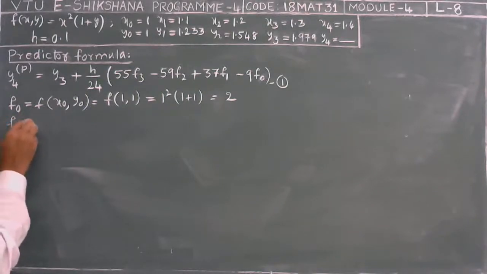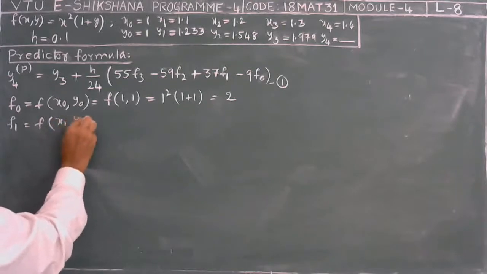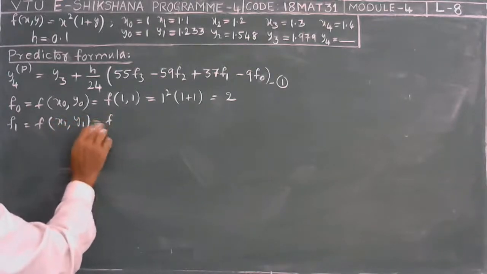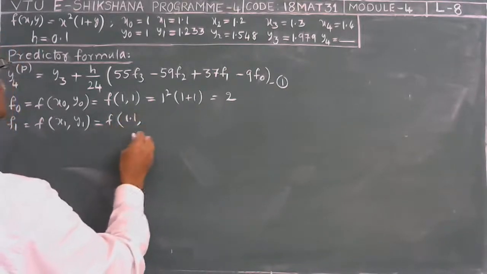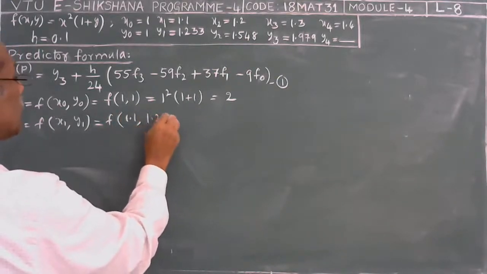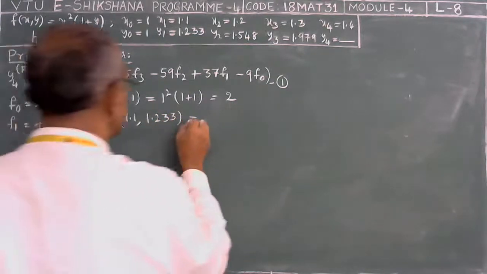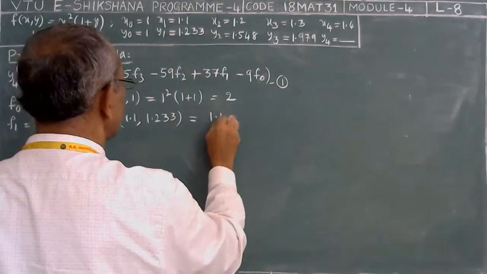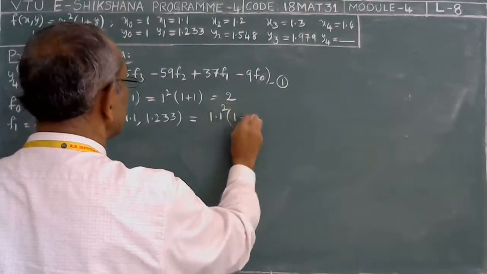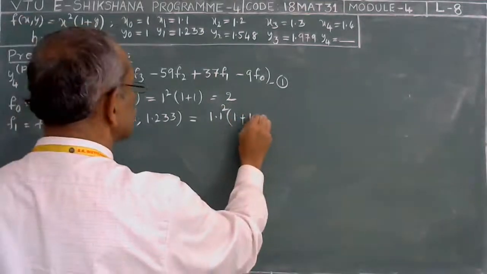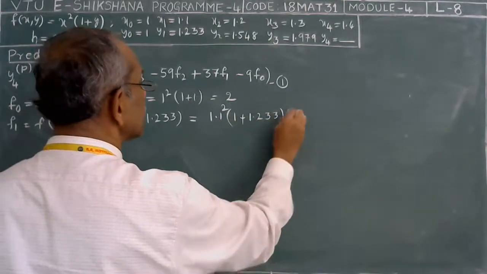Similarly, f1 is f of x1 comma y1, that is f of 1.1 comma 1.233. By definition, this is 1.1 square into 1 plus 1.233.